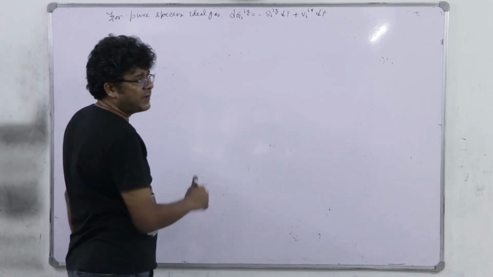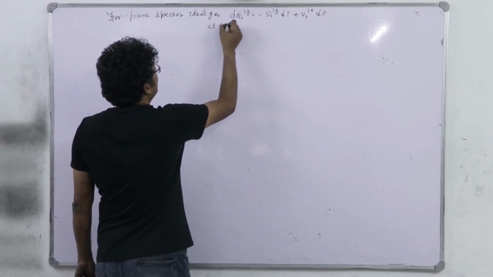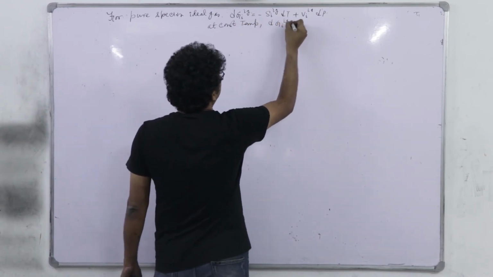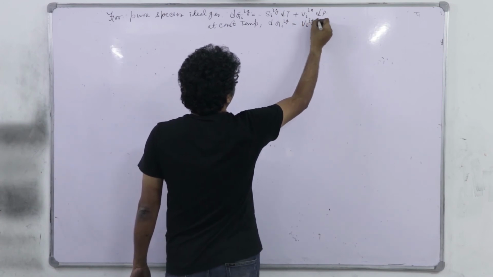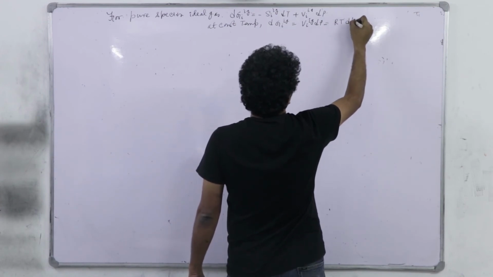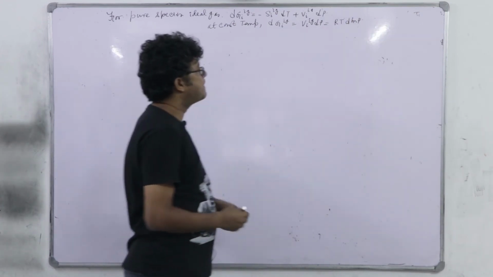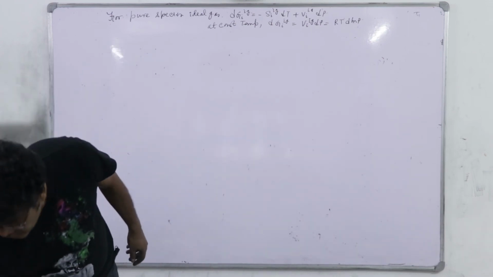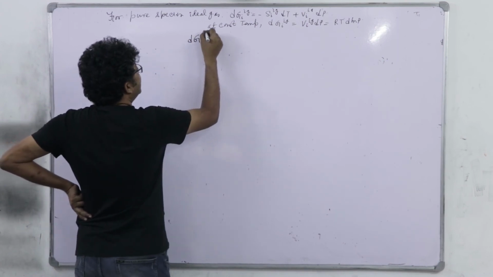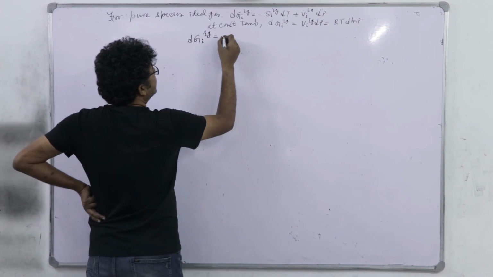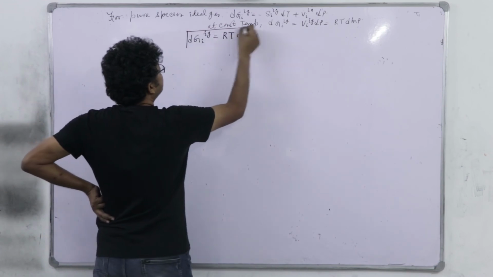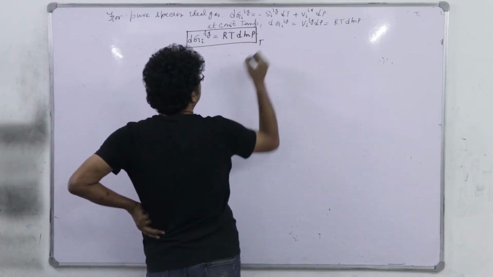Now, we further simplify it at constant temperature. dGiIg is equal to ViIg dP, which is nothing but RT by P dP, and dP by P is equal to d ln P. So, we get dGiIg equal to RT d ln P, and this is the equation for ideal gas at constant temperature.